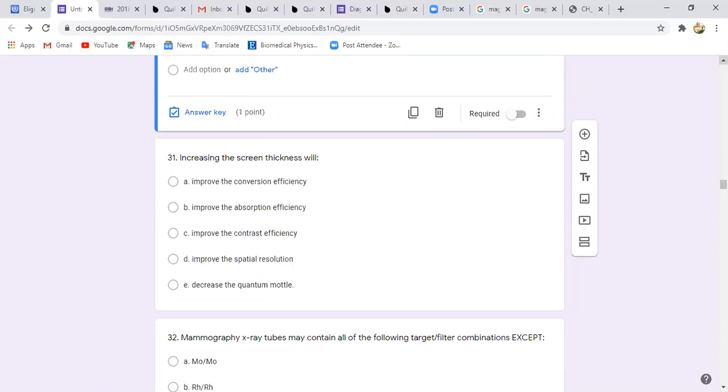I can have so many answers. What will increasing the screen thickness do to the screen? Of course, screen thickness also has something to do with quantum mottle. How will we know the difference between conversion efficiency and absorption efficiency?